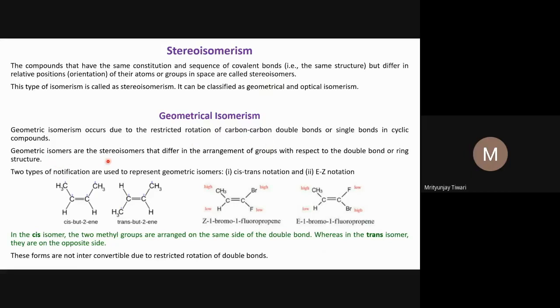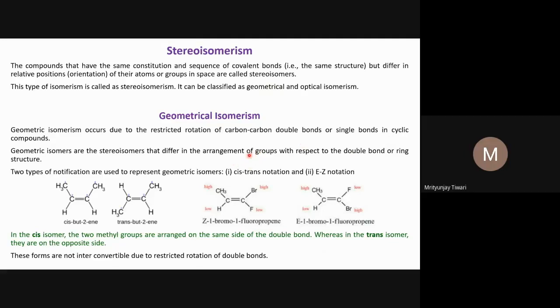So geometrical isomers are stereoisomers that differ in the arrangement of groups with respect to a double bond or ring structure. That means there is restricted rotation about a carbon-carbon bond, which could be a carbon-carbon double bond, or a single bond that is part of a cyclic compound.